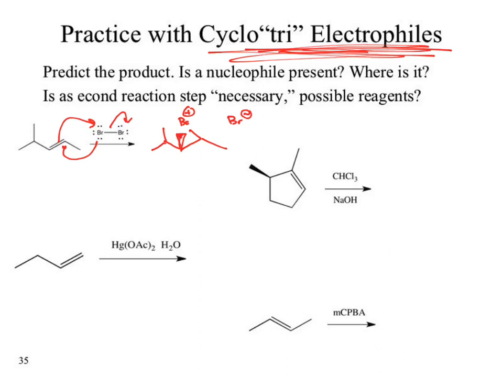For me personally, I think it's easier just to draw wedges, so I would draw them both as wedges. The next bromide comes in from the back side. Sorry, I just lost track of what my structure was. And that bond breaks out.